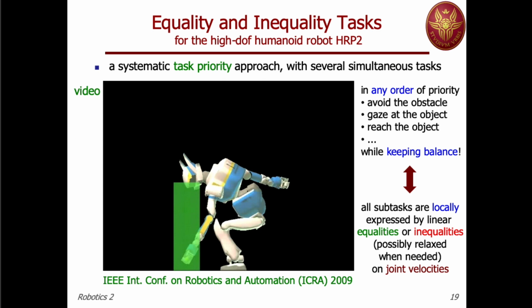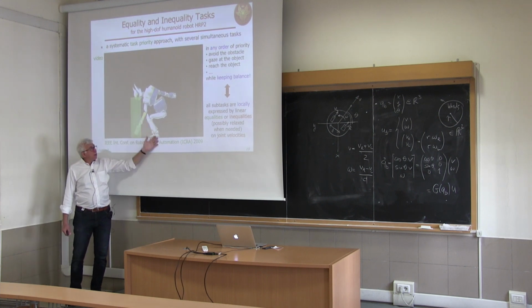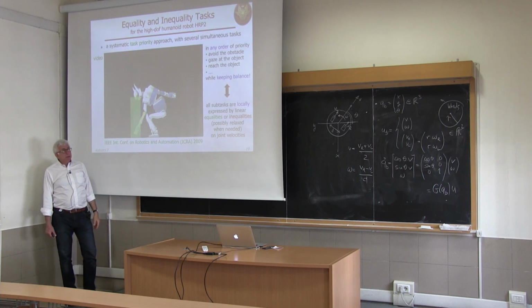And of course, you may change the order. You may not reach, if you put the avoiding constraint as the highest priority task. Of course, the hand of the robot will stop in the closest position to the destination, which is inside the box, so it cannot be reached because you would violate this inequality constraint. Closest while preserving balance, static balance.